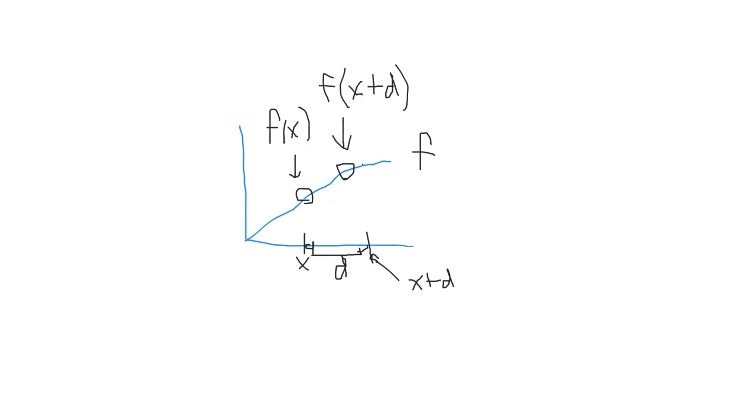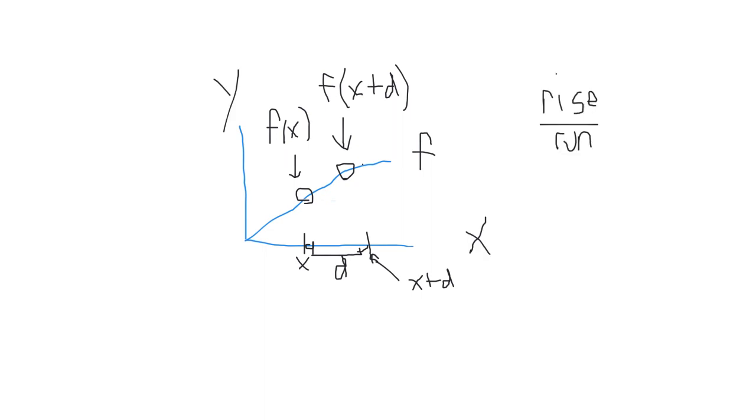I'm trying to find the rate of change. Let's start with the concept of the rate of change, and then we'll go into the instantaneous rate of change. The rate of change of y compared to x would be rise over run.